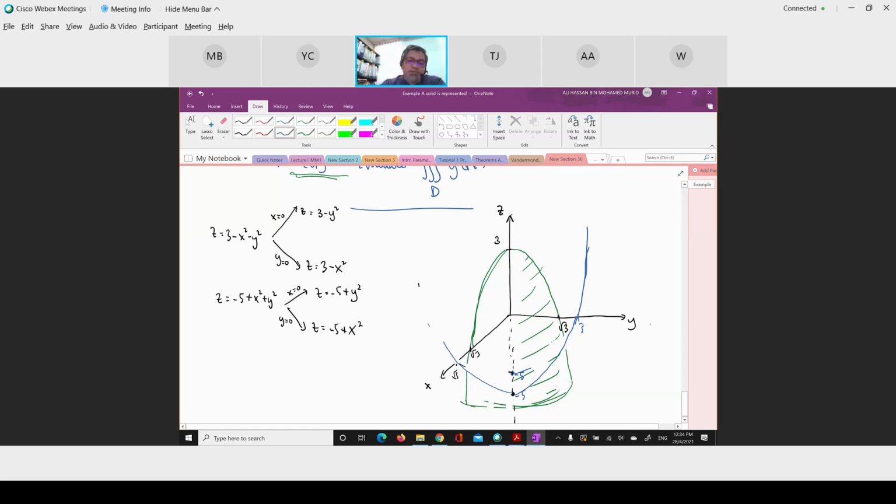Okay, can you imagine this object? So there's an intersection somewhere, isn't it? There must be an intersection somewhere. This is the intersection, right? So this object is an object between these two parts here.